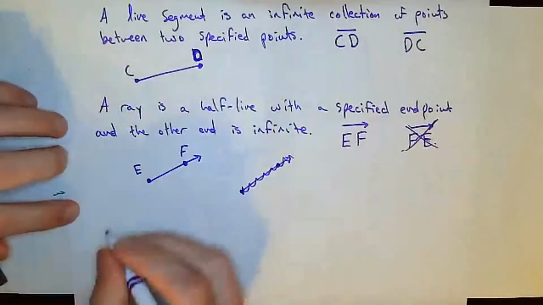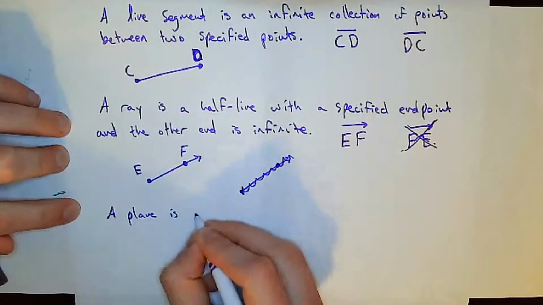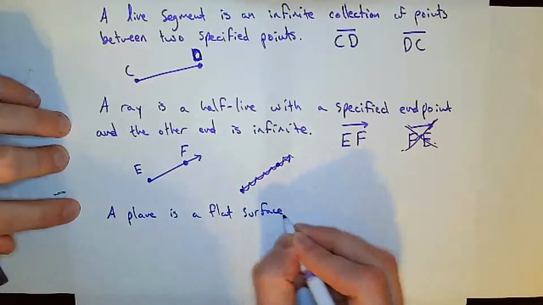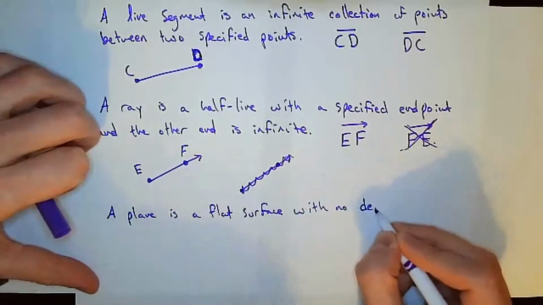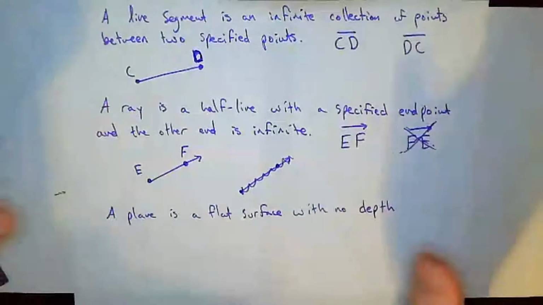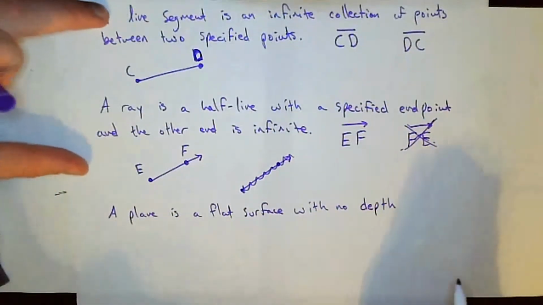And then finally, a plane. A plane is like a two-dimensional thing, no depth to it, right? It's just like a piece of paper. It's a flat surface.